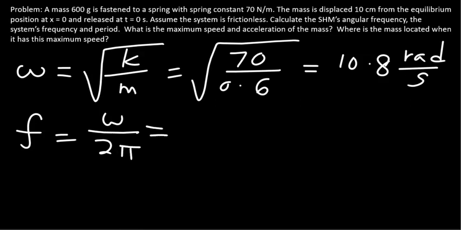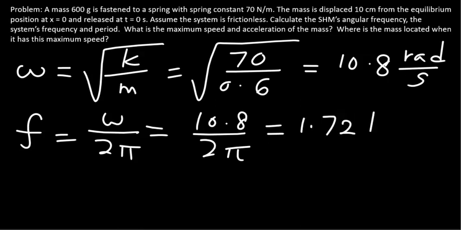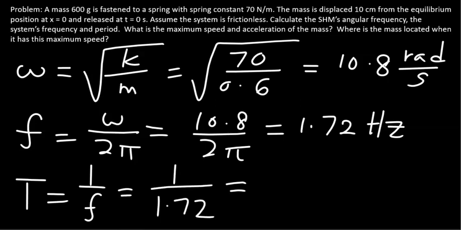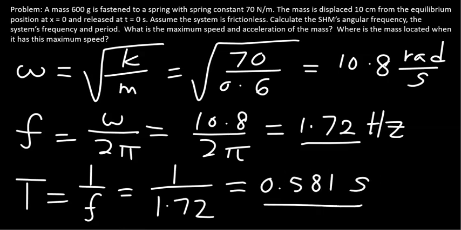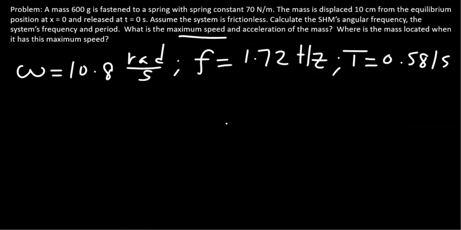Since omega is 10.8, divide that by 2 pi, and you will get 1.72 hertz. Now the period. The period is simply the inverse of frequency, and since frequency is 1.72 hertz, the inverse of that will give you 0.581 seconds.